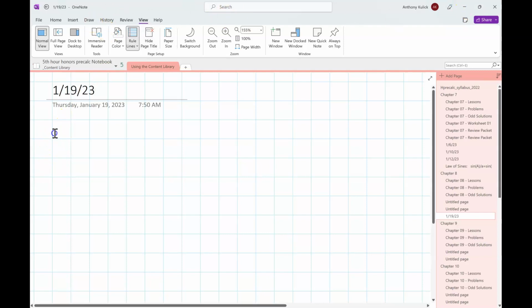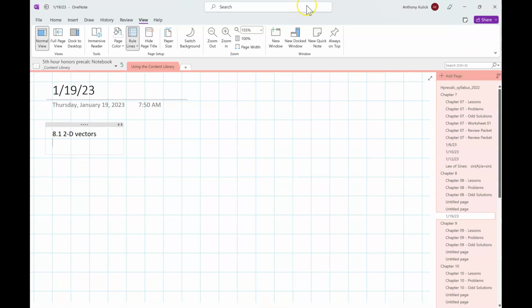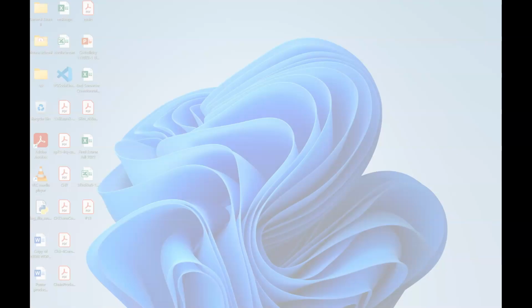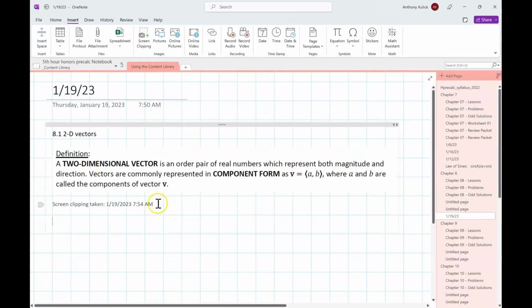All right. Today we're going to be talking about section 8.1, which is about two-dimensional vectors. So we'll start with just some definitions here. When we talk about a two-dimensional vector, that's an ordered pair of real numbers which represent both magnitude and direction.